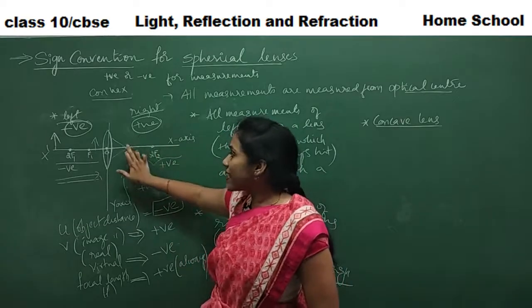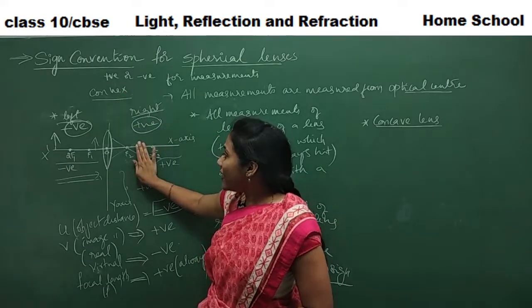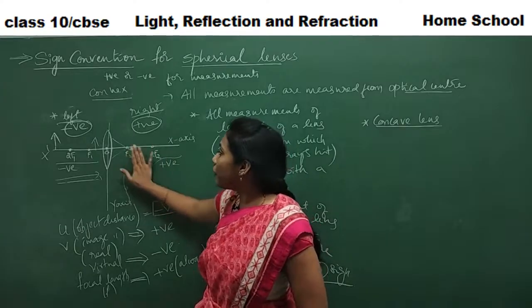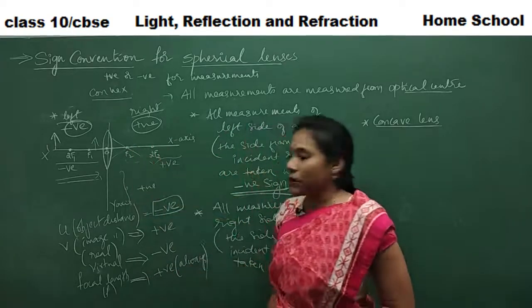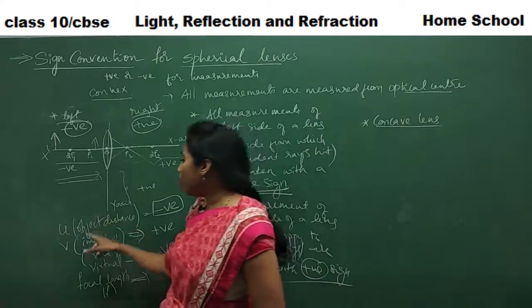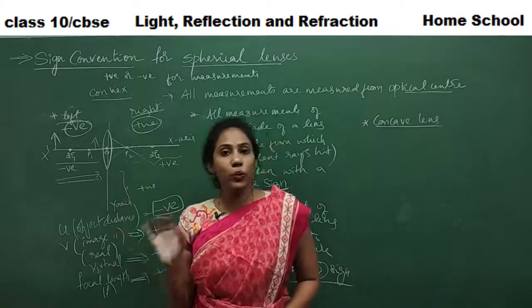Refracted rays always converge in the case of a convex lens, so they always meet at this side. That's why the focal point of this side we consider. Since it is this side, you will have a positive value. Clear? So at least the u value, v value and focal length value are very important to remember.